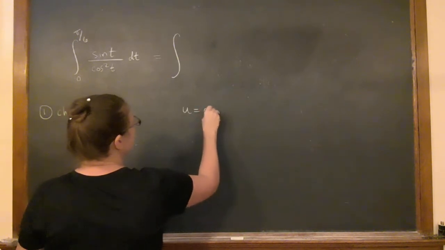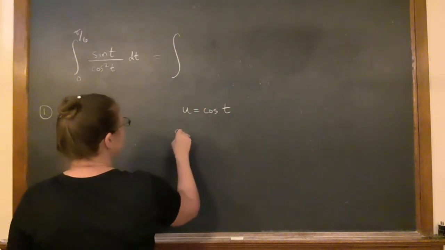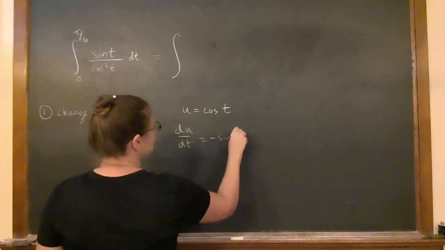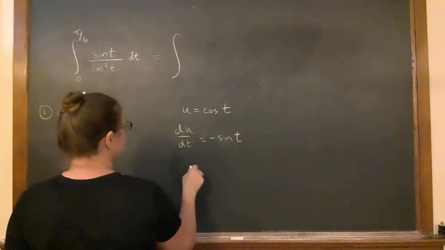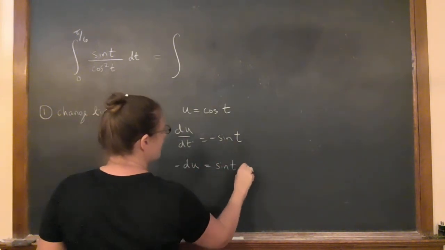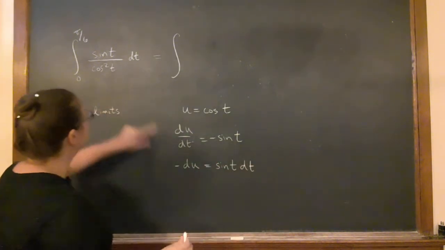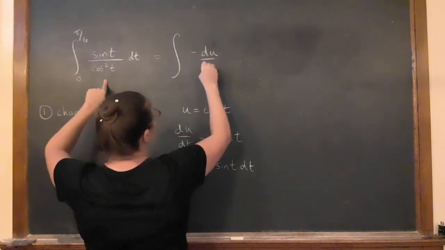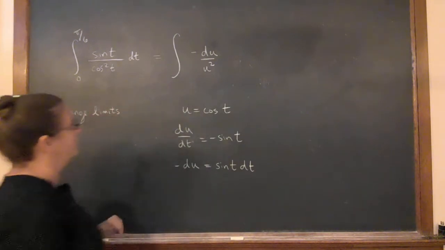So u equals cosine t, du dt is minus sine t, so minus du is sine t dt. Then if I put this in here, I get minus du over u squared for my integrand.